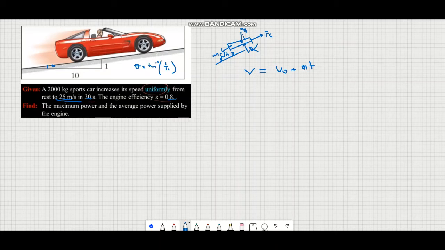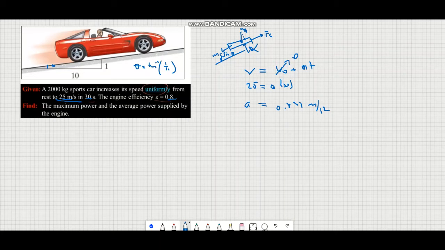Initial velocity is from rest, so it's gonna be 0. So velocity is 25, which is the final velocity, is equal to the acceleration of the car multiplied by 30 seconds, which is gonna give us the acceleration is 0.833 meter per second square.